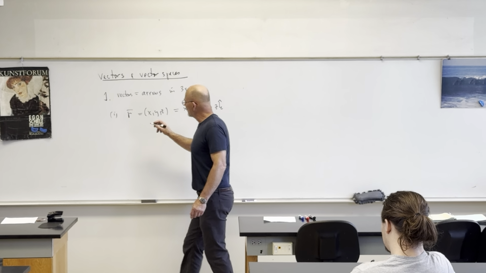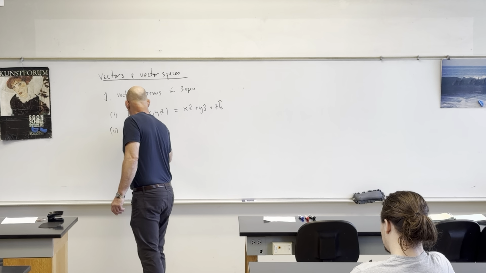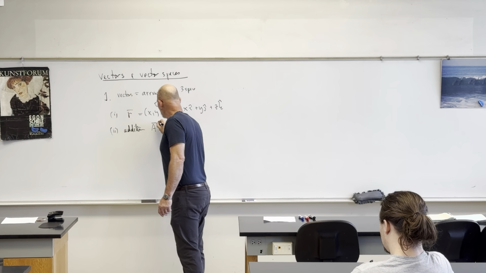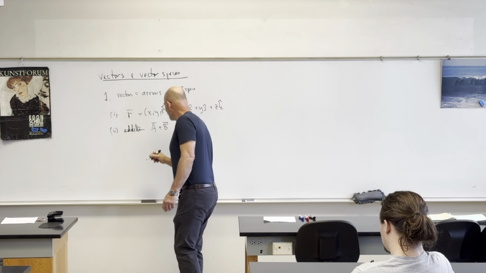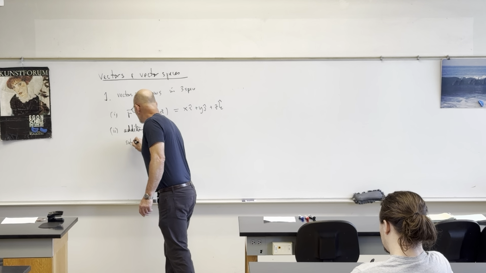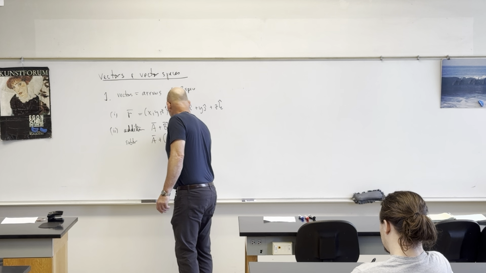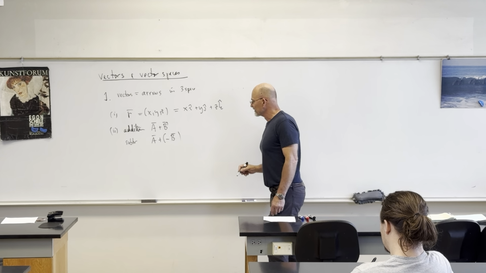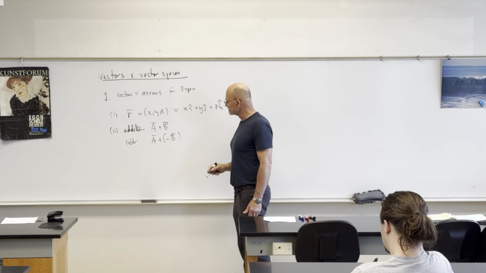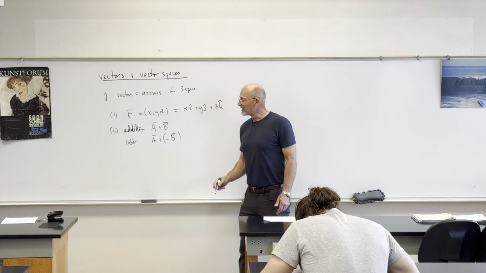And then we have the addition of vectors and subtraction and so forth. A plus B is again a vector, and the subtraction is A plus negative B. So then we have to be able to take a vector and its negative, and multiplication by a scalar and all those properties.